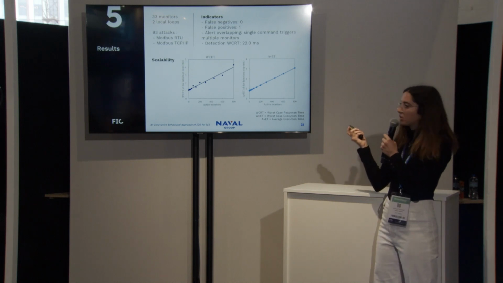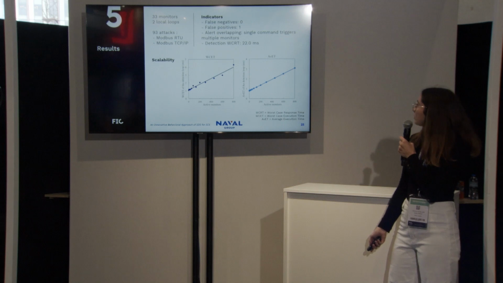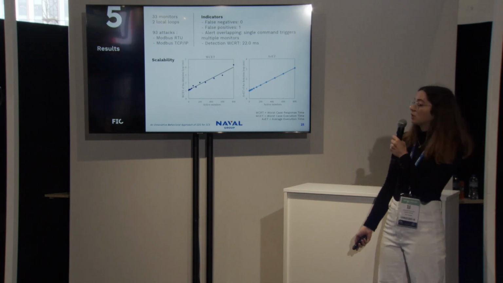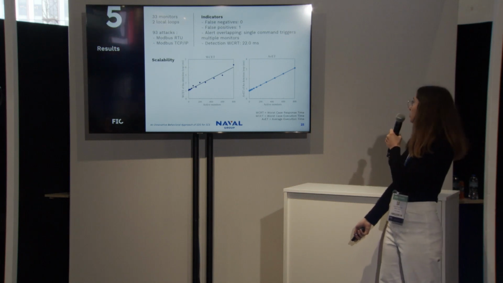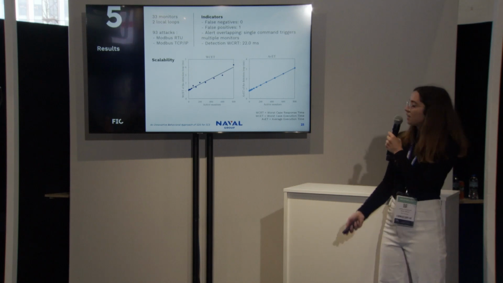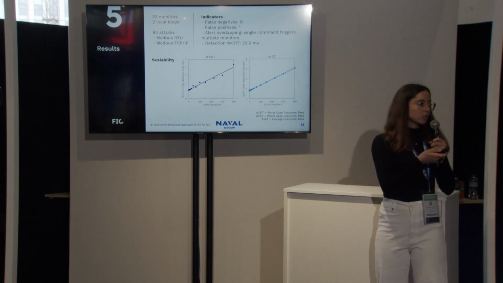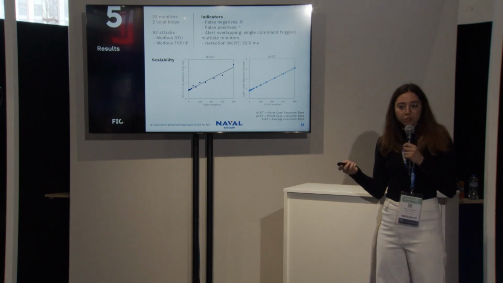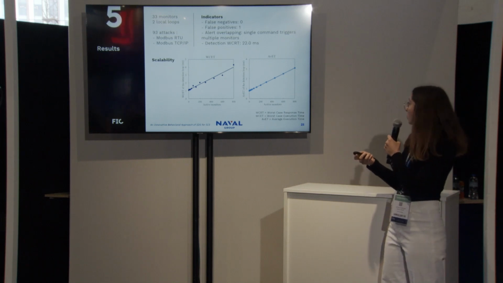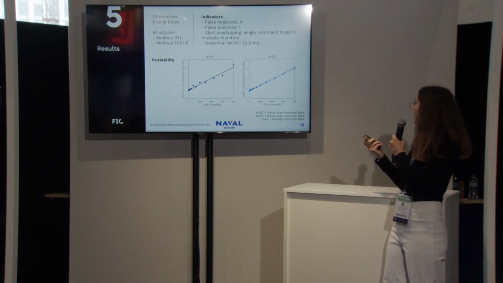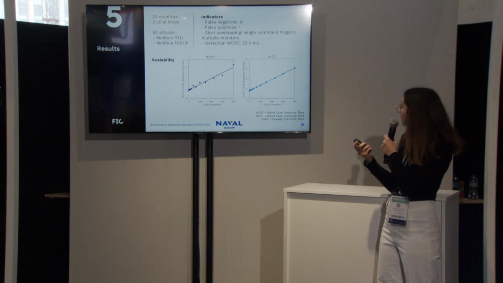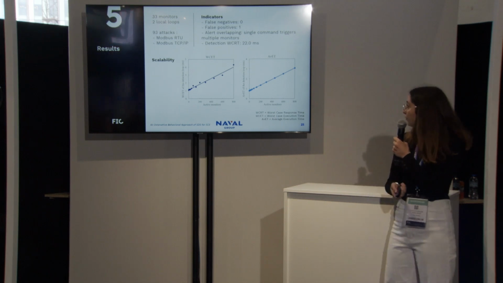Here are some results: 0 false negatives, 1 false positive. We had some alert overlapping, which was interesting because we realized that a single command can trigger multiple monitors. And we have a detection worst case response time of 22 milliseconds, sorry.